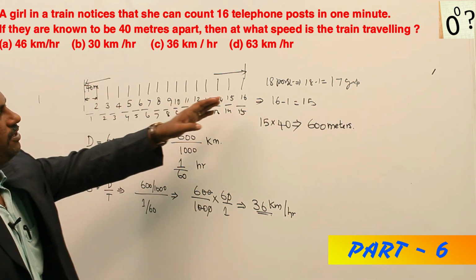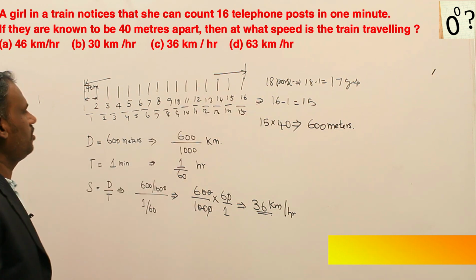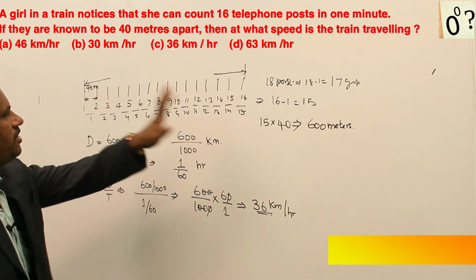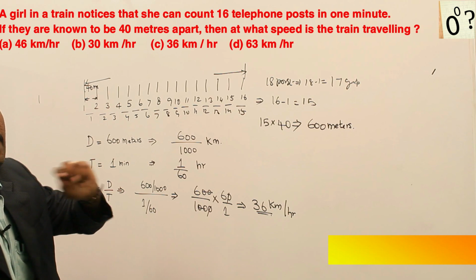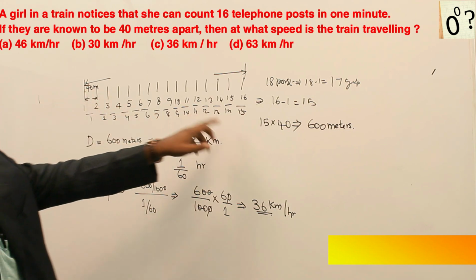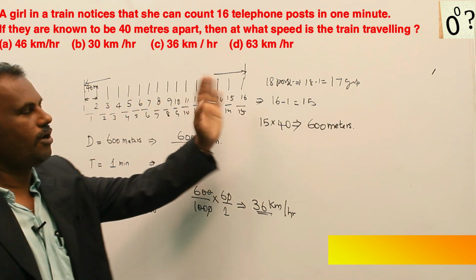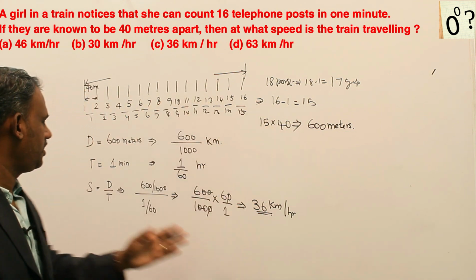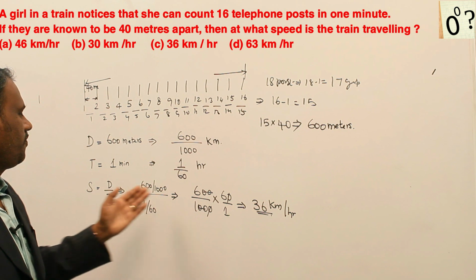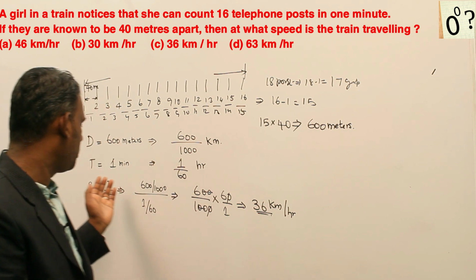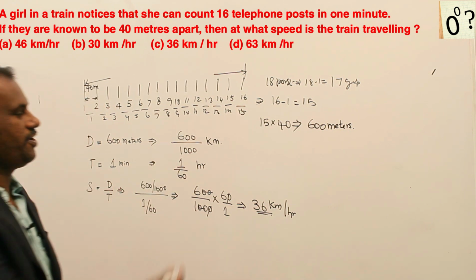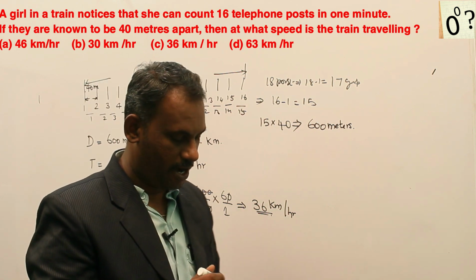In this question they have asked 16 posts, so the total number of gaps between the 16 posts is 15. Each gap is 40 meters, so 15 into 40 is 600 meters between the first post and the last post. We got the distance and we know the time, so using the distance by time formula, we get 36 km per hour.